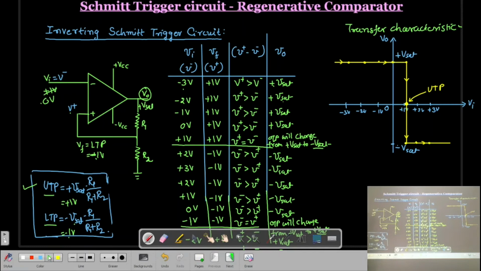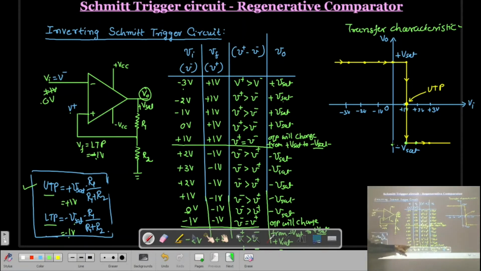Now, if we decrease the voltage, you can see for plus 2, minus V saturation is there, plus 1, again it is in minus V saturation. Then for 0, also minus V saturation is there.